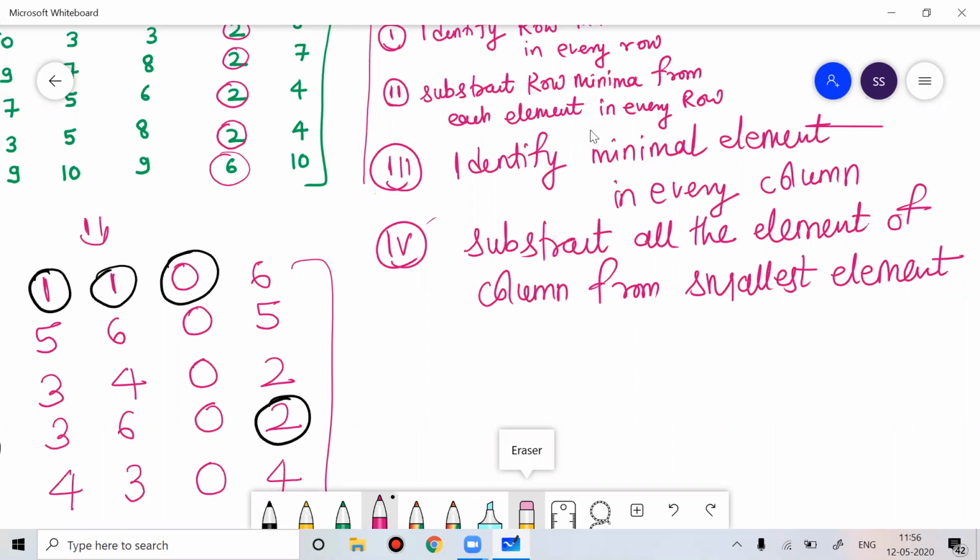So the third step was to identify the minimum element in every column. The fourth step is that once you identify the smallest element in every column, you subtract all the elements of the column by that smallest element.